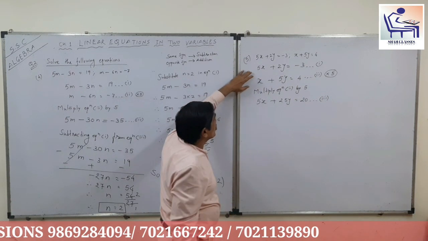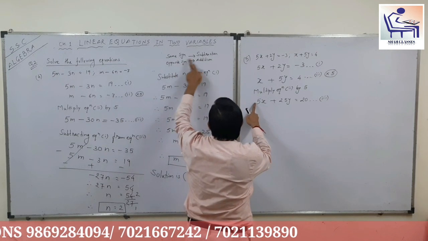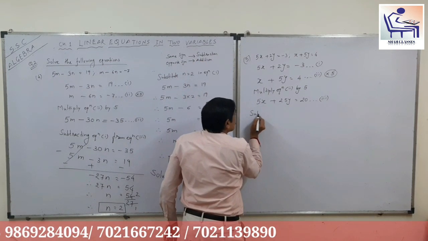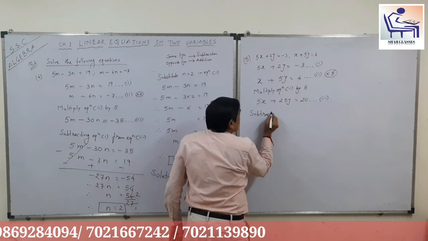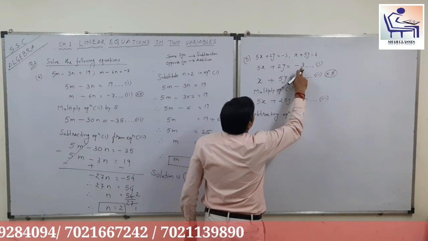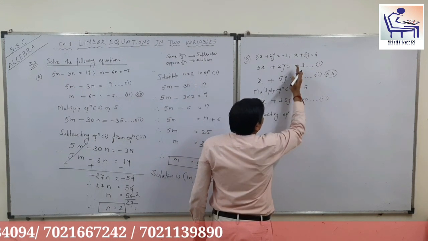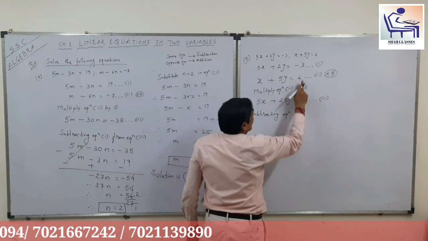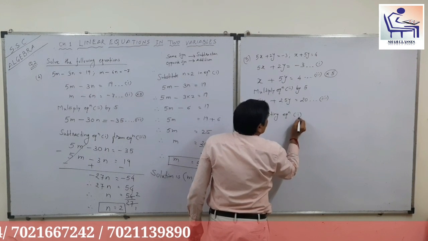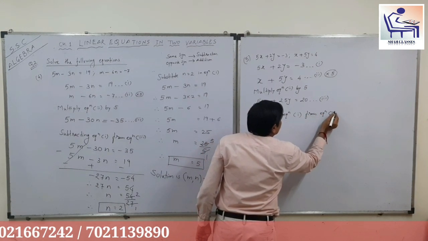Now you can notice that both of them have the same sign. So once again we have to do the subtraction. Subtracting equation 1 from equation 3, because this number is smaller and this number is quite bigger. So we will subtract equation 1 from equation 3.